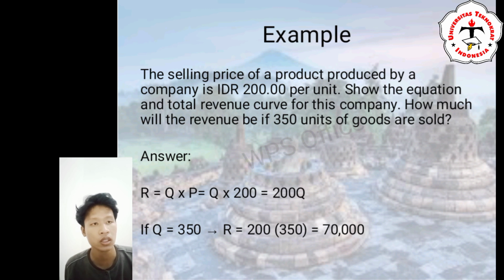Answer: R equals Q times P equals Q times 200 equals 200Q. If Q equals 350, so R equals 200 times 350, which equals 70,000.